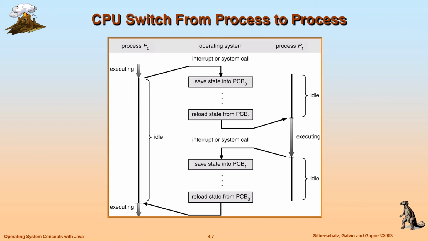And let's see this diagram. In this diagram, process P0 starts execution from the beginning. In the middle, it is interrupted by a system call. Then all the data of process P0 is saved in PCB0. Next, process P1 wants to execute.